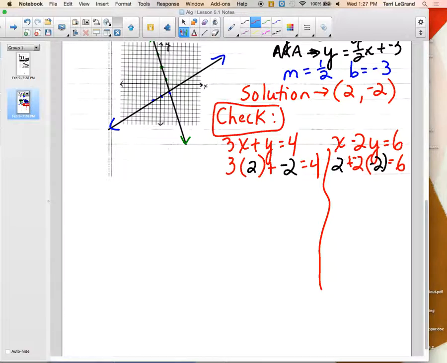Do I have to come and make sure you're showing enough steps in your check problem, or can I trust you? 6 plus negative 2 equals 4. Class, help me out, what's 6 plus negative 2? 4. Checks out in the first one, cool. 2 plus negative 2 times negative 2, that's 4. 2 plus 4 checks out in both of them.